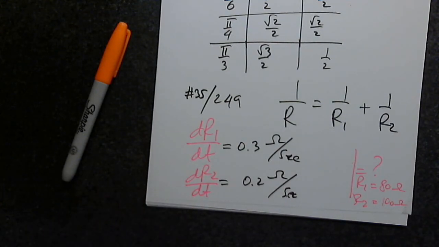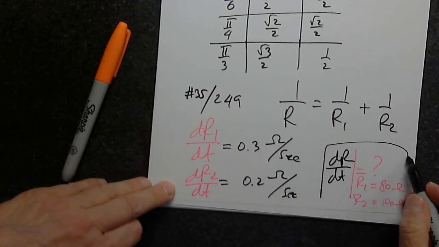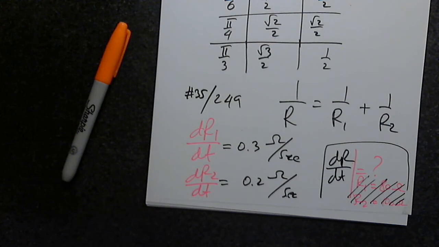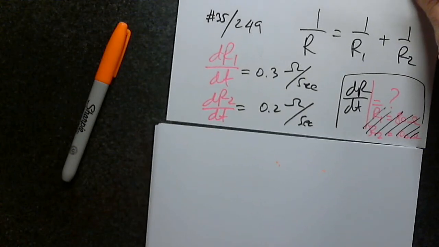But what am I asked to find? dR over dt. Exactly, dR over dt. This is our question. Remember, this has to be completely disregarded till the very last step. And I'm ready when you are. What do we do?